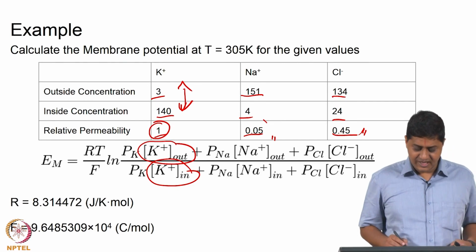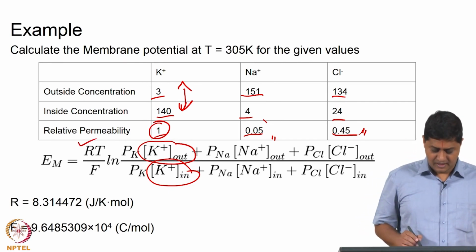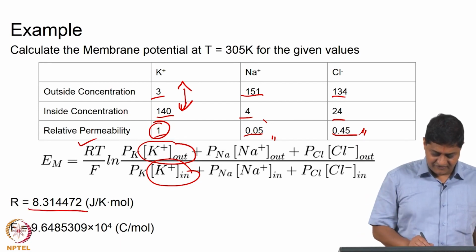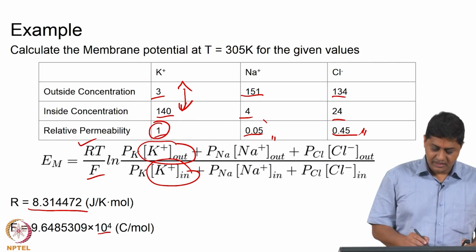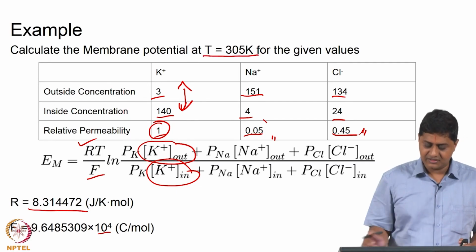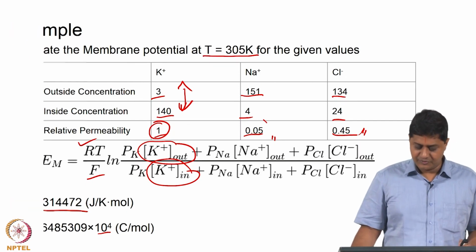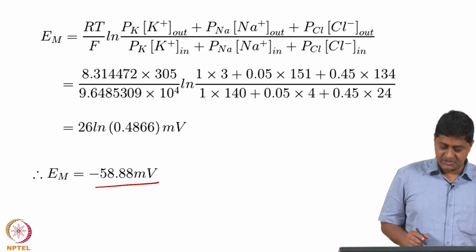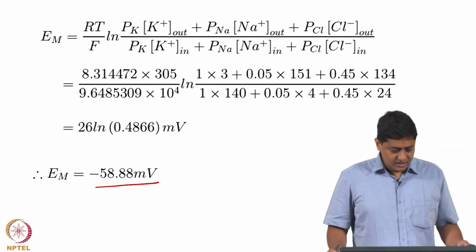We substitute all these values, and we know R is the gas constant, F is the Faraday constant, and I know the temperature. Say the temperature considered is 305 Kelvin, then I could compute this as approximately minus 59 millivolts.